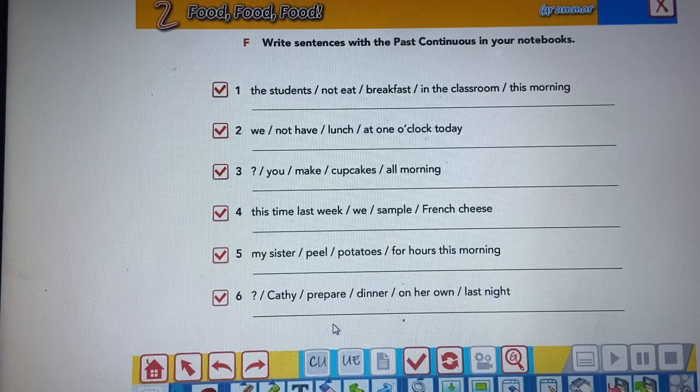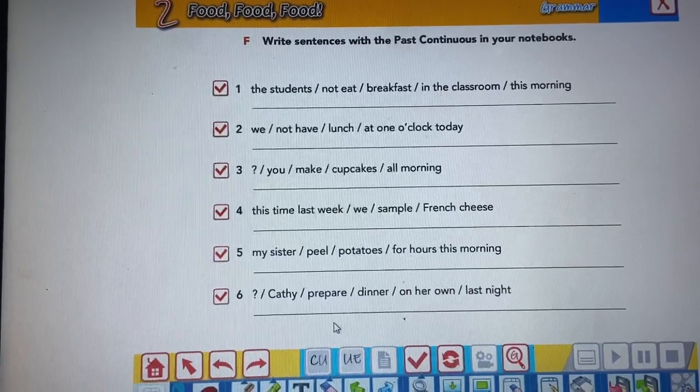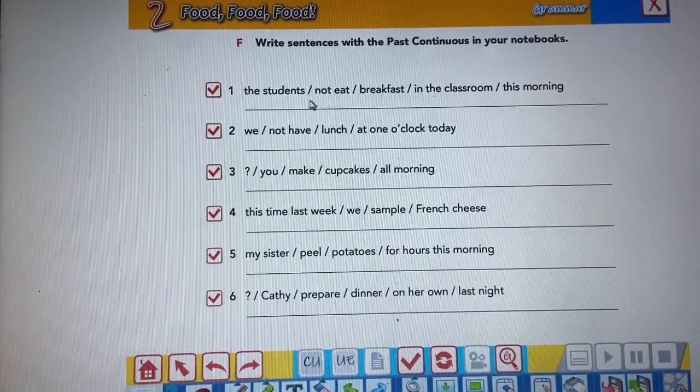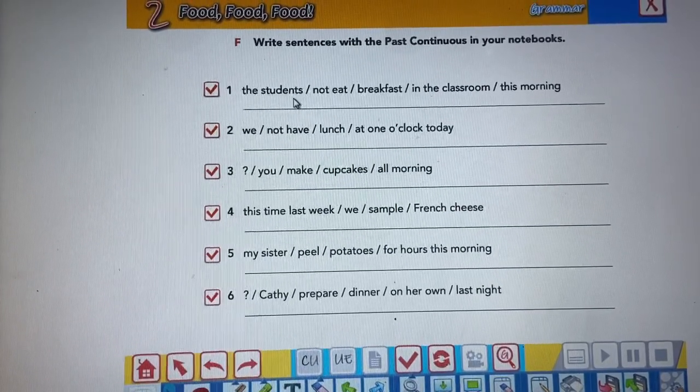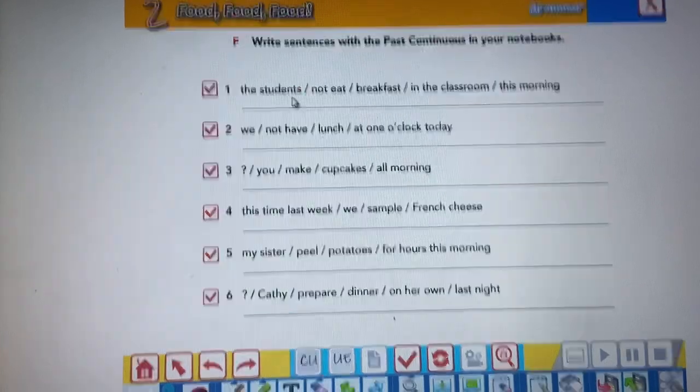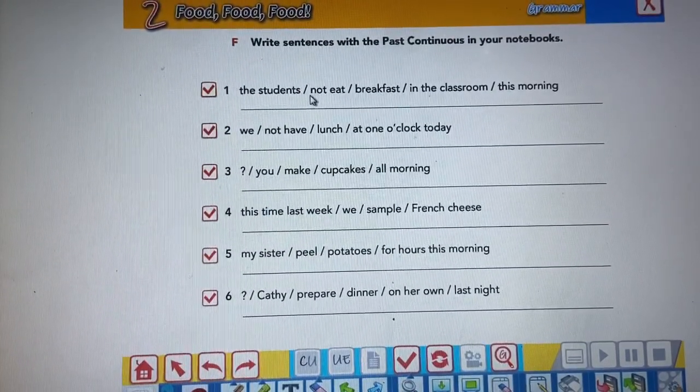Number 1: The students not eat breakfast in the classroom this morning. Let's start. The students not eat. The students is a plural subject, so we're going to use "weren't" because the sentence is in the negative form.